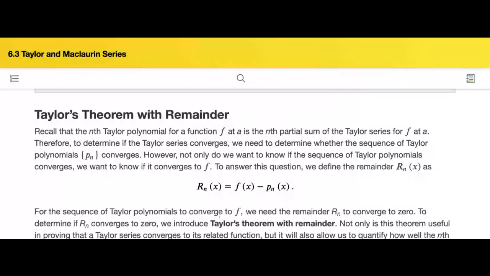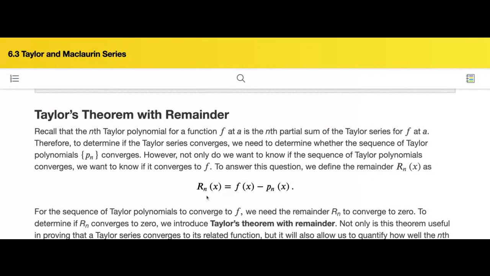Okay, let's see. So for the remainder n, we want to represent f of x, the function value, as two parts: the nth partial sum, or the nth order Taylor polynomial, plus the remainder.